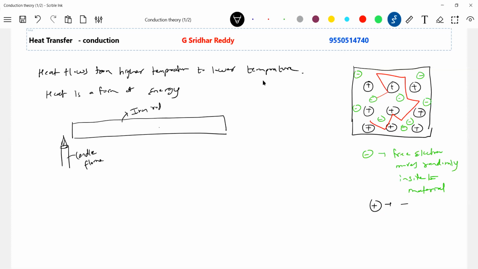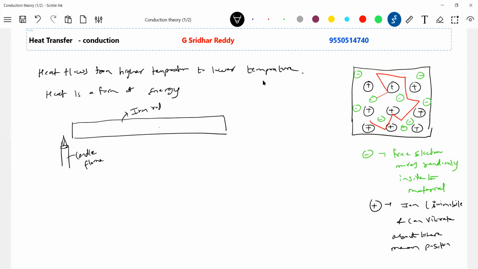It's an ion. Ions are immobile and can vibrate about their mean position.